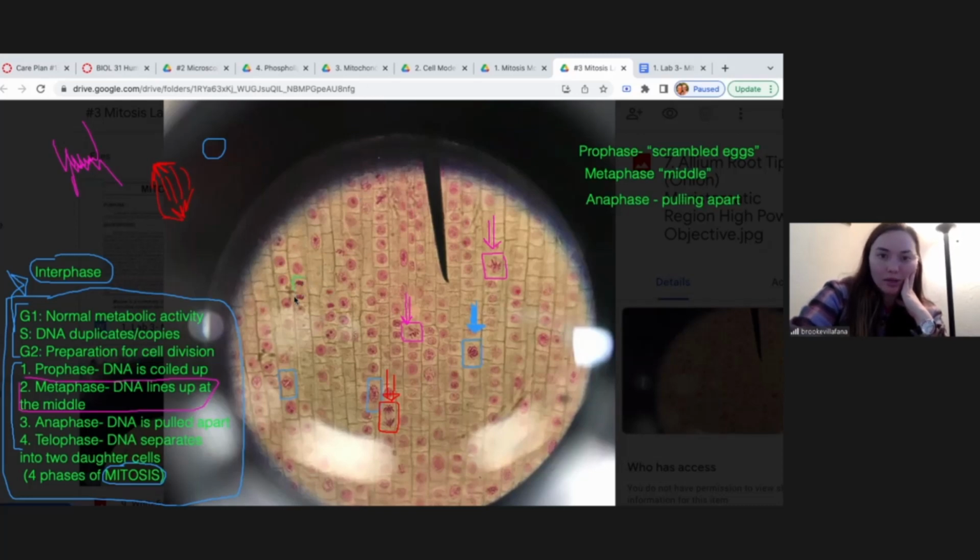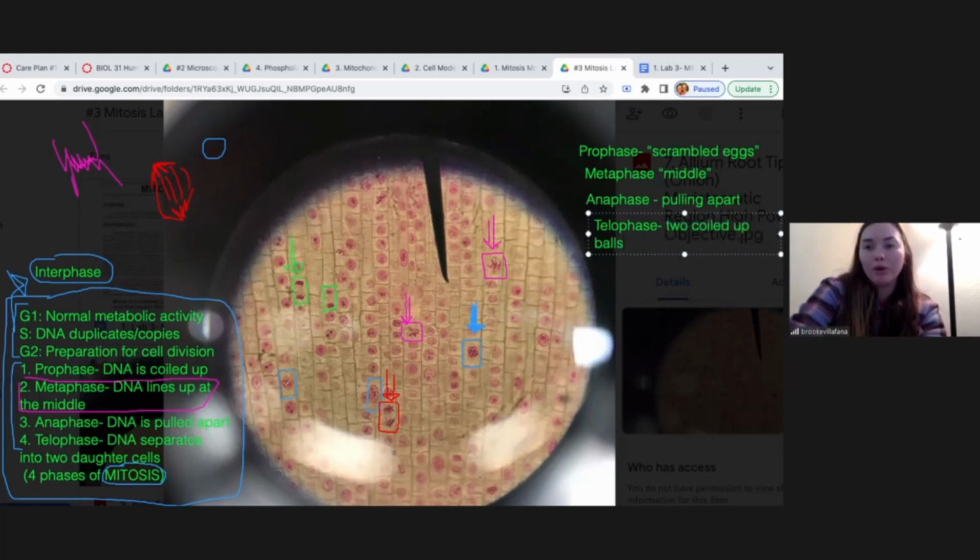Okay, so then telophase. This is the best example of telophase. Okay, telophase kind of looks like they are coiling up at two ends. So two coiled up balls at either end.